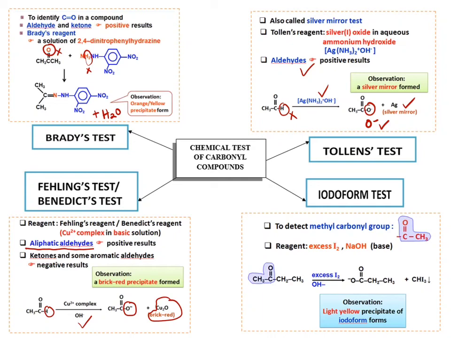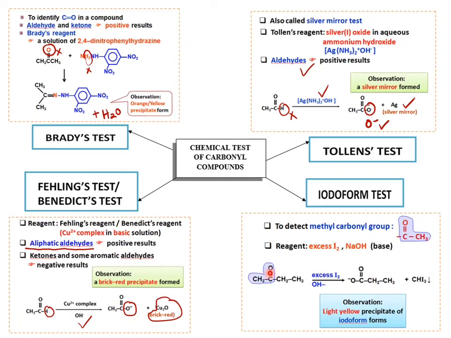Okay, next we have the iodoform test. This test is the same as chapter 8. We want to detect the methyl carbonyl group. For example here, we have butanone. Butanone has a methyl carbonyl. Why? Look at the left side here. We have C double bond O bonded with a methyl group. So this butanone will give a positive result to the iodoform test. Look at the reagent, same as chapter 8, excess iodine in base. What happens is more or less the same as the Fehling test and Tollens test.